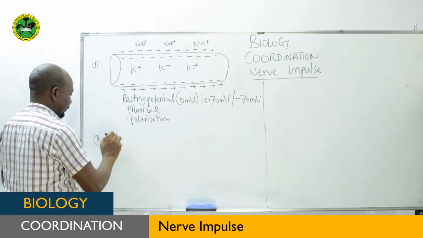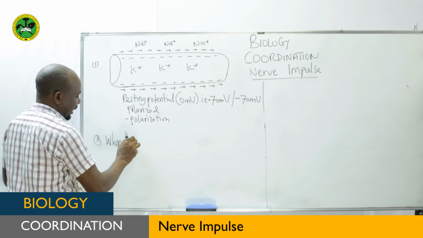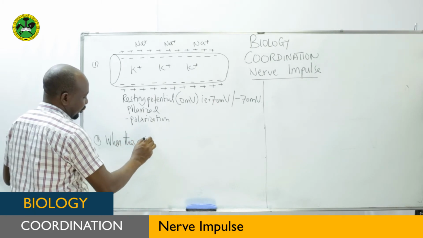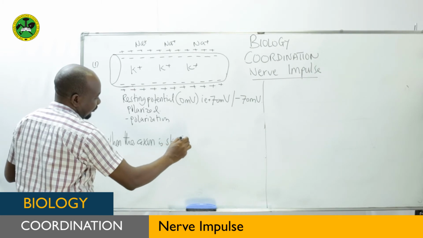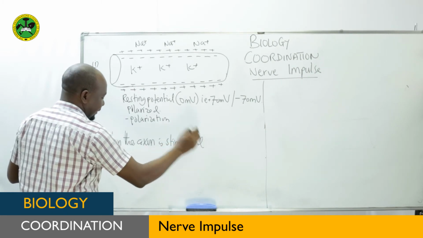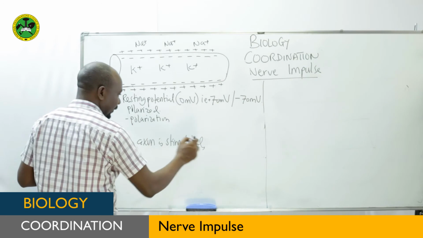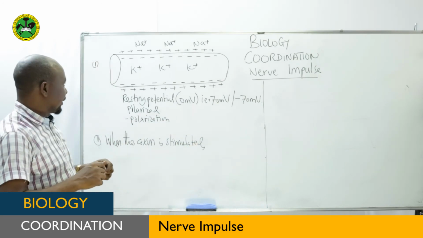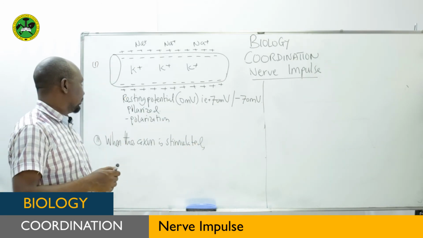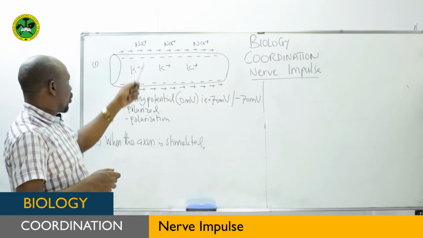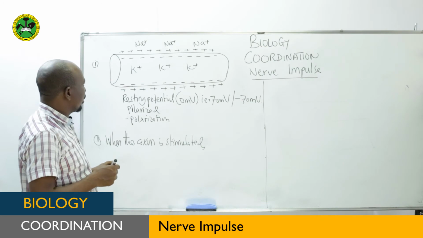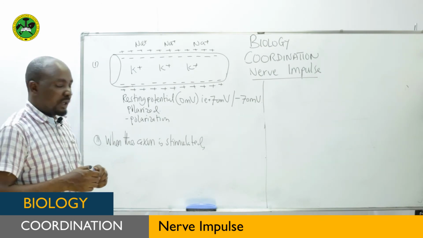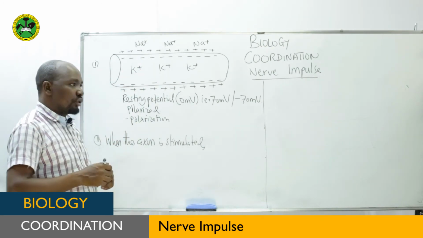When the axon is stimulated, the sodium gated channels open, causing the influx of sodium ions into the axon plasma.